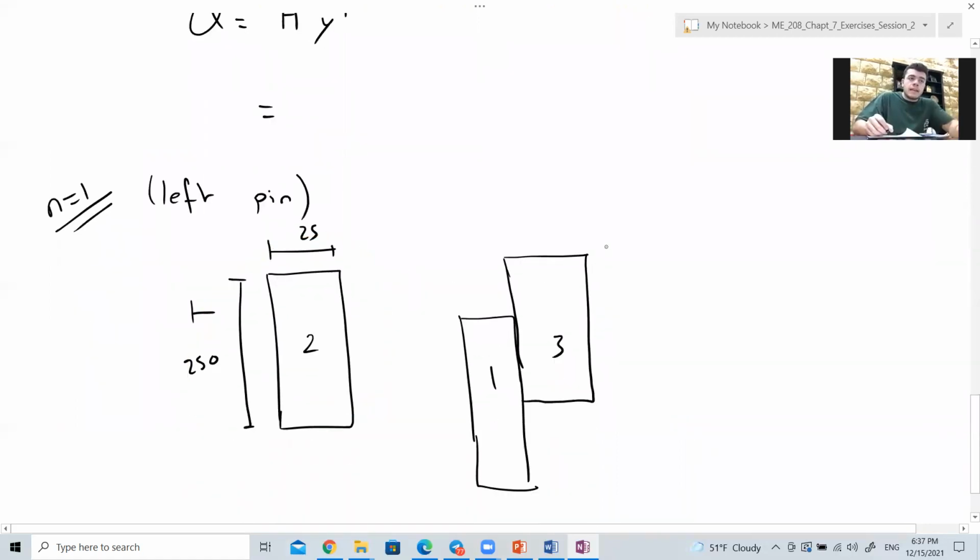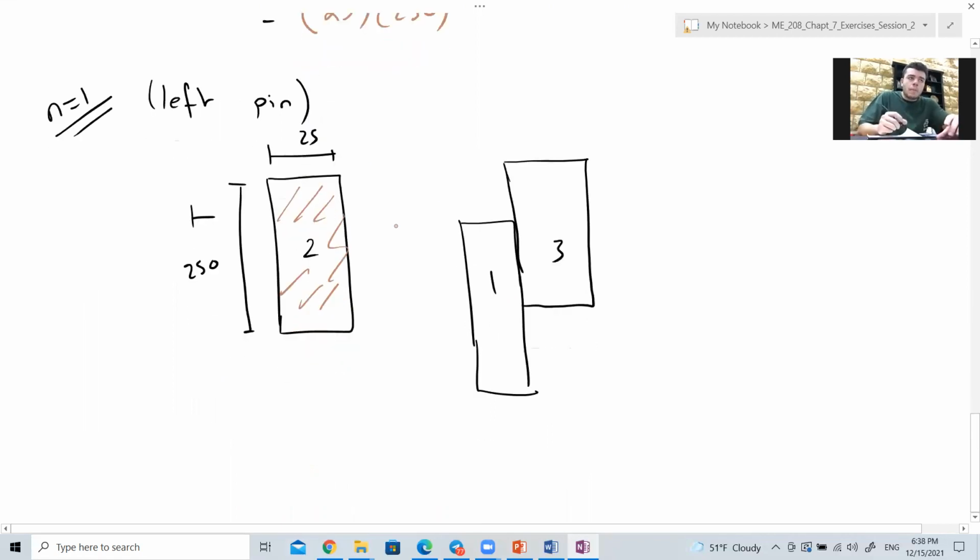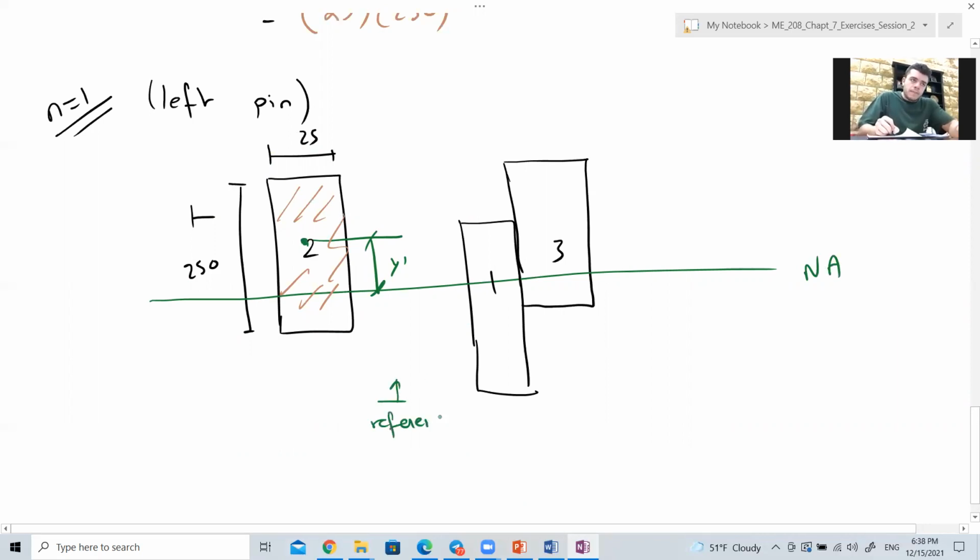Either this one or this one. I will take this one, of course, because it is easier. So area prime is 25 times 250, and y prime is the distance between y2 bar and the neutral axis. The neutral axis comes here, right? We know the centroid of 2 is here. So y prime is the distance between the centroid of area prime and the neutral axis. If we measure from the reference, it is y2 bar, this distance from here to the reference, minus y bar, which is the distance to the neutral axis.